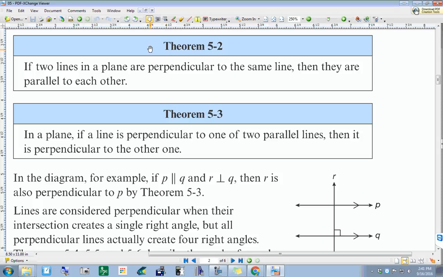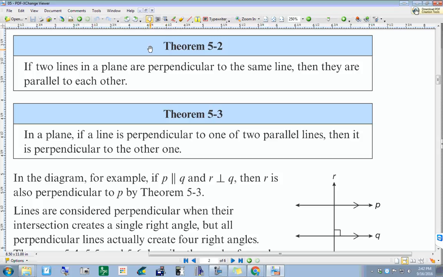Now, here's a theorem that goes along with this stuff. If two lines in a plane are perpendicular to the same line, then they are parallel to each other. So if I look at the ceiling and I've got those steel bars going across, is this line here parallel to this line over here? Is the line that comes through here perpendicular here? Is it perpendicular over here?